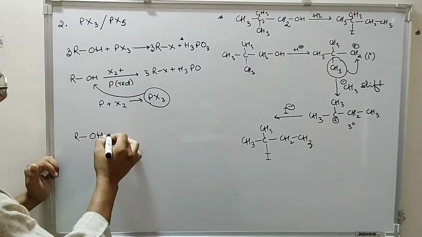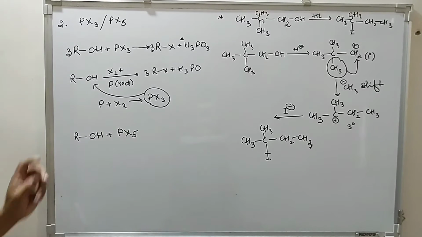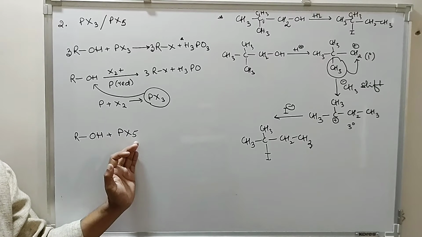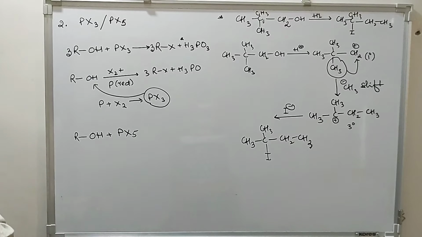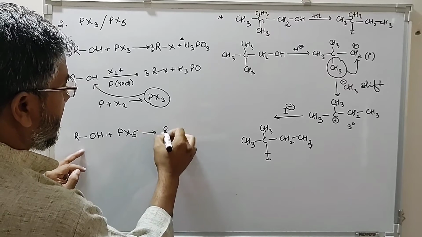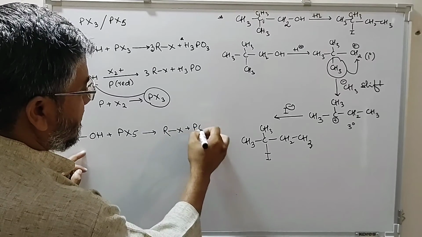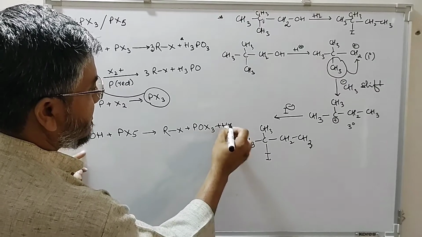Or we look at this, ROH plus PX5. So phosphorus trichloride, pentachloride or pentafluoride. Bromide and iodide is less stable. So this gives you RX plus POX3 plus HX.